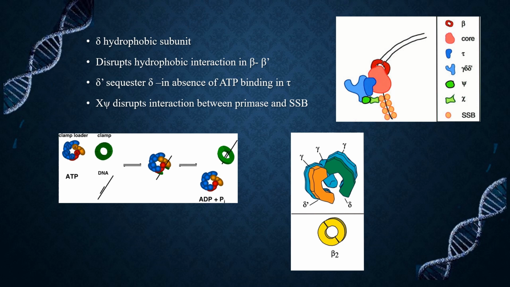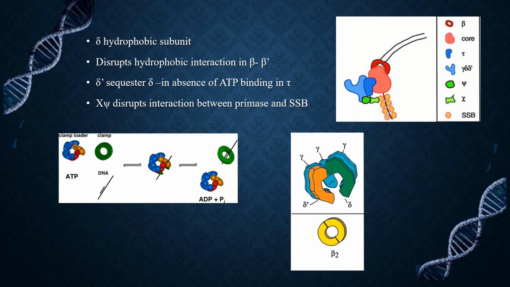The steps occurring during clamp loading are as follows. ATP binds each active site and a conformational change exposes delta. Delta binds beta beta dash and the clamp opens. The resulting complex shows affinity to a PT junction, and a new complex consisting of clamp loader and clamp with bound PT junction forms.